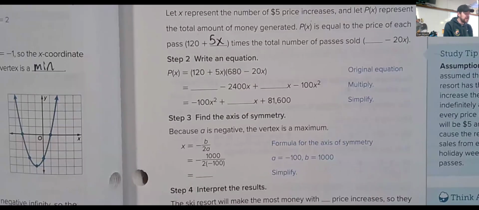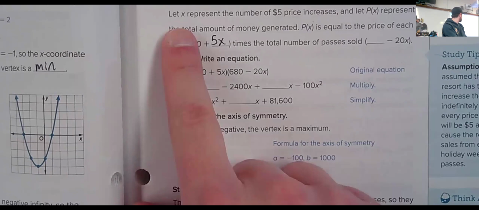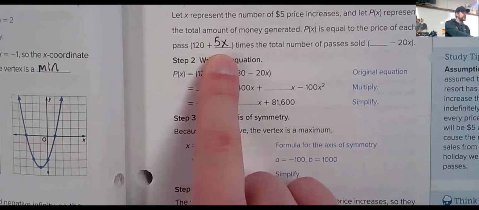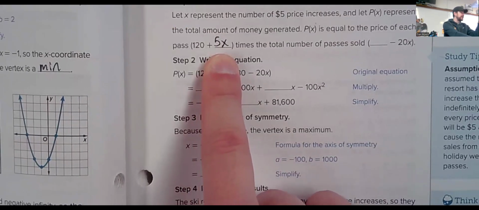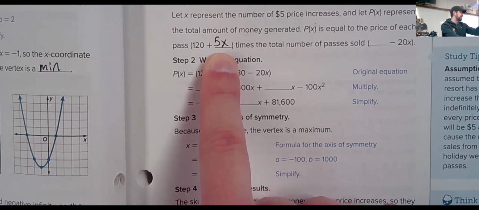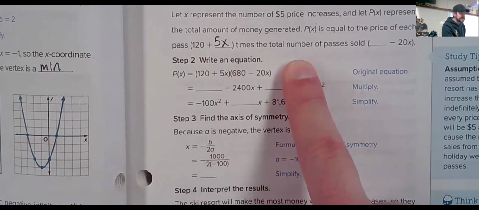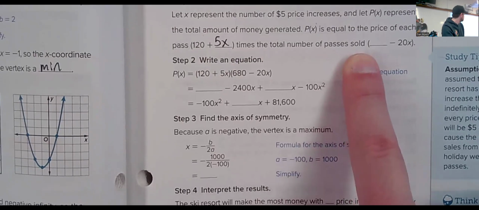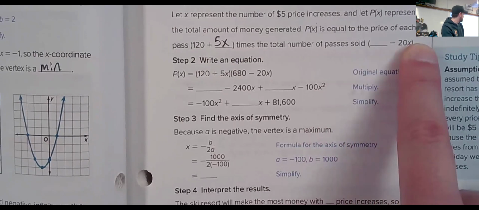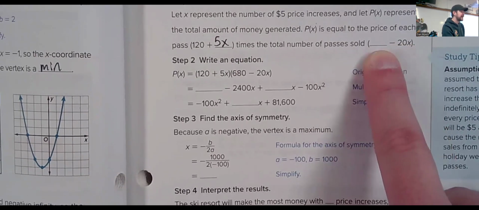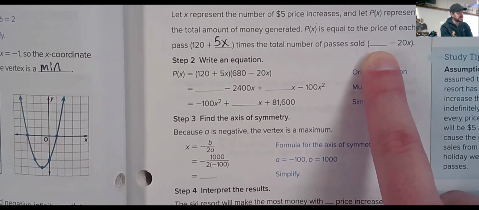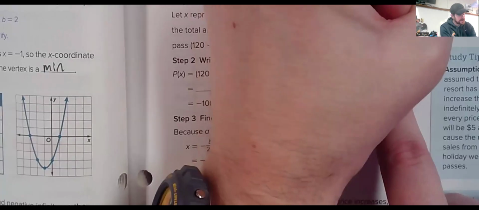Now, the number of $5 increases, that's what X is. So if you increase it by one $5 increase, that would be an increase of $5. If you increase by two $5 increases, that's a $10 increase, and so forth. And the total number of passes sold is going to decrease by 20 people for every $5 increase, starting with how many people initially? 680, because that's how many passes they sold last year.